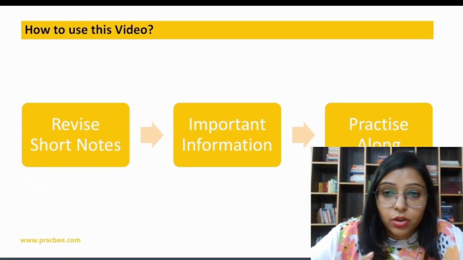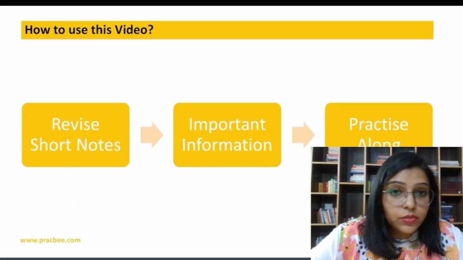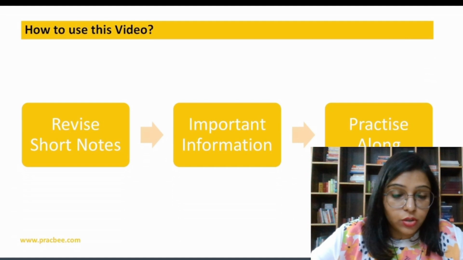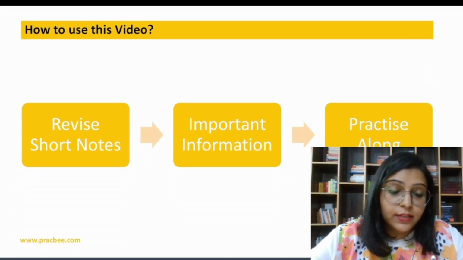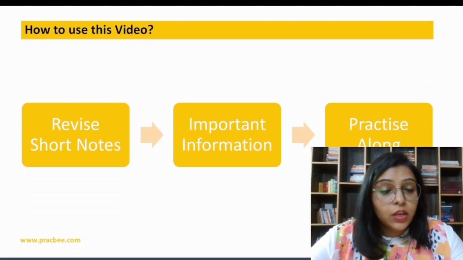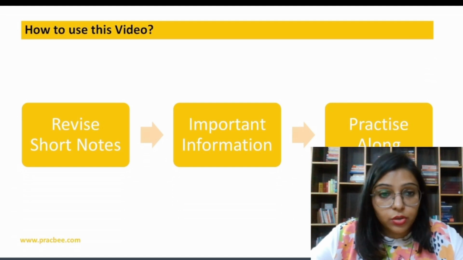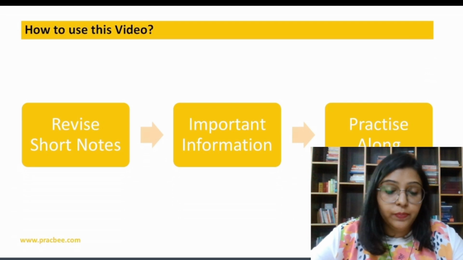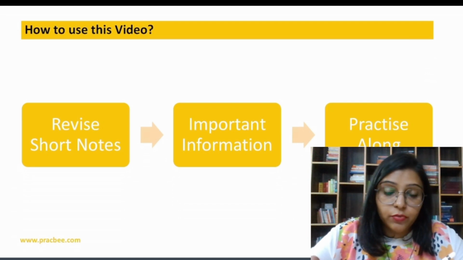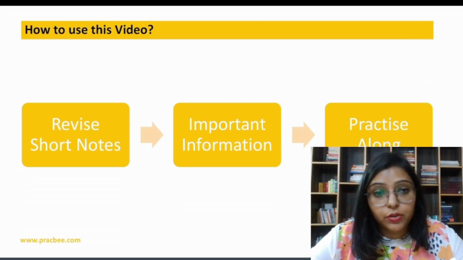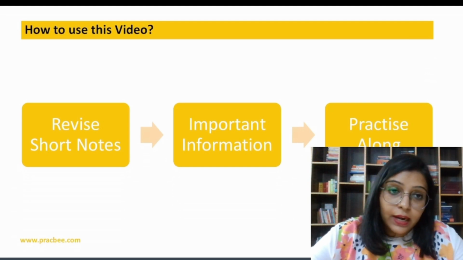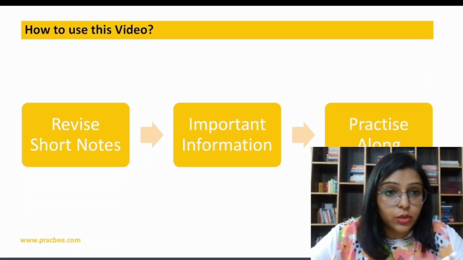Okay, now let's talk about how to use this video. So first you have to revise the short notes. Even I will also provide some formulas related to the questions, right? But you have to revise short notes, you have to revise the complete chapter. Then you have to write down the important information. You have to write down all the important formulas with respect to this chapter, and then you can start solving the question.